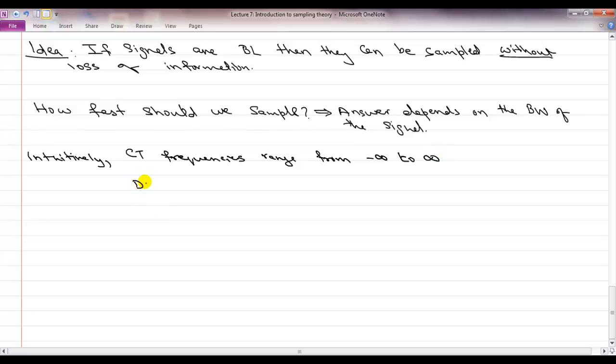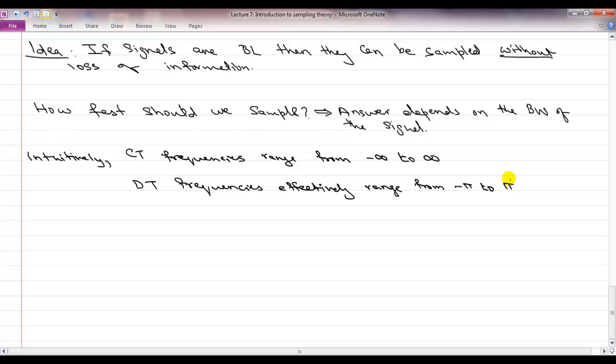On the other hand, discrete time frequencies suffer from this non-uniqueness after minus pi to pi. So effectively, they range from minus pi to pi. So you're packing everything that existed from minus infinity to infinity into minus pi to pi, and there is some inherent loss of information because of that if you are not careful. Okay?